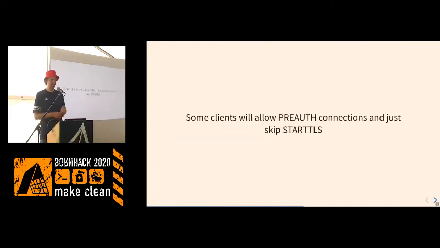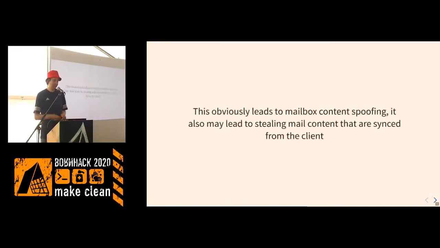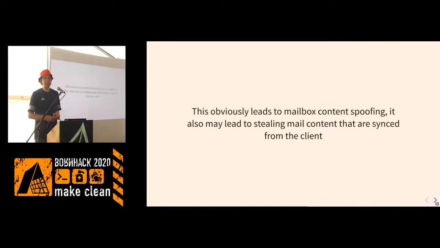But as you imagine, this is not what all the clients do. Like some clients, if you do a pre-auth connection, this is basically a way to prevent the STARTTLS transition from happening. So as an attacker, you can also send this pre-auth command, and that basically means you prevent the client from starting the encryption. So this obviously also leads to mailbox spoofing, because as an attacker we can just pretend to be the server, as there's no TLS, there's no authentication happening.